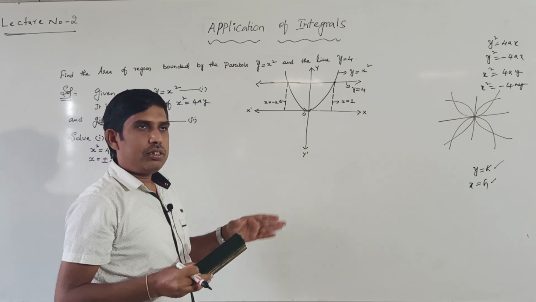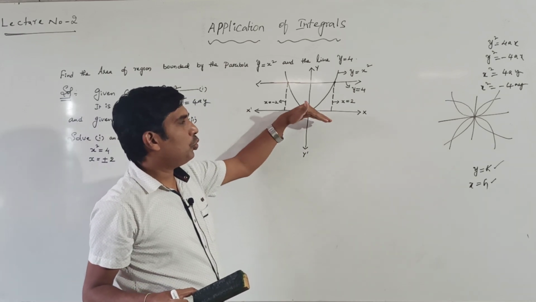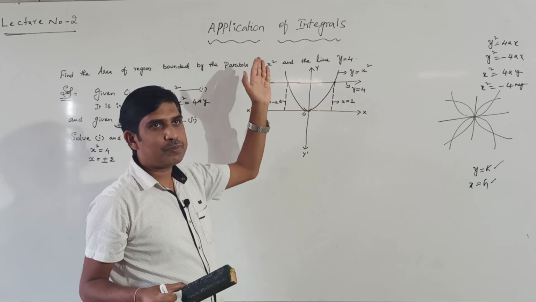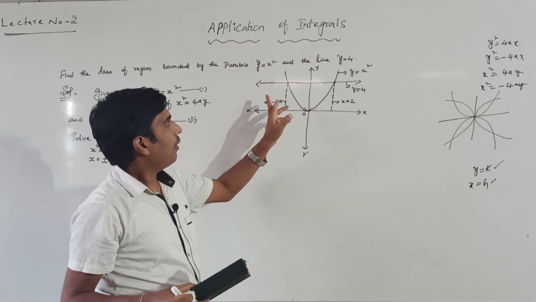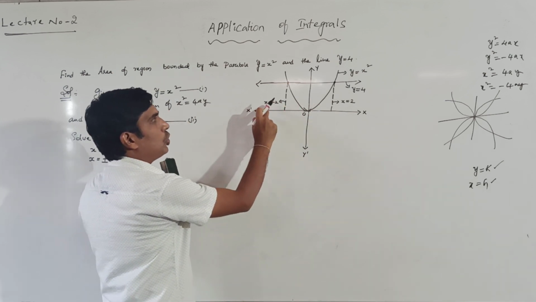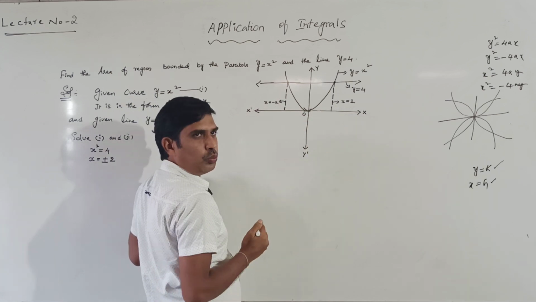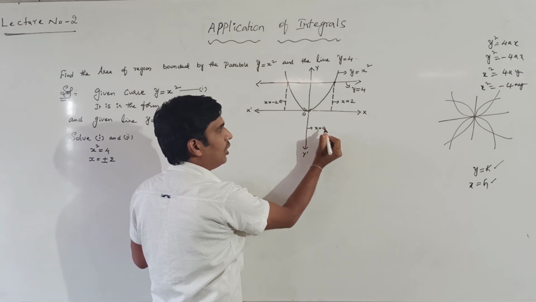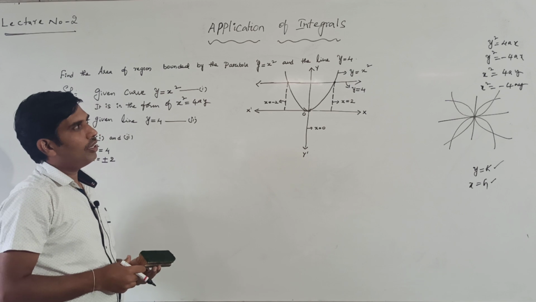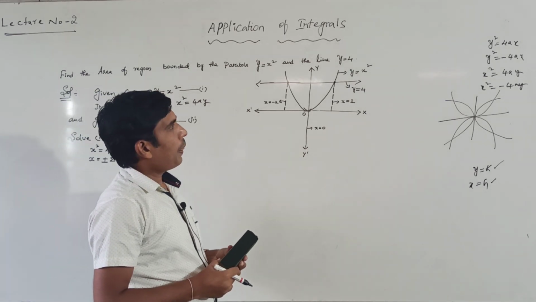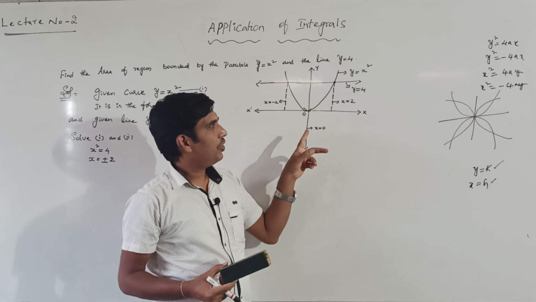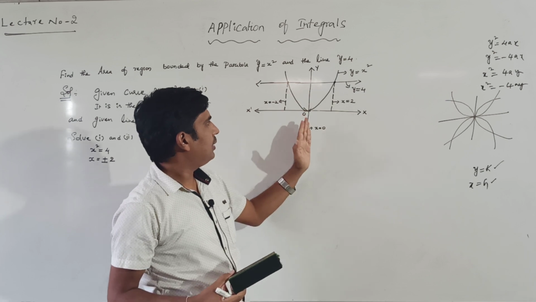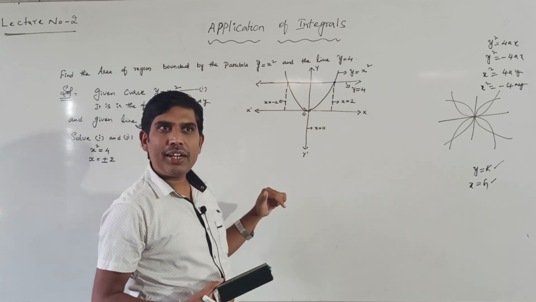Remember, positive is right side, negative is left side with respect to the y-axis. So from x is equal to minus 2 to x is equal to 2. We already know the y-axis equation. What is that? x is equal to 0. Clearly, if you observe here, minus 2, 0, 2, the width is the same, right?